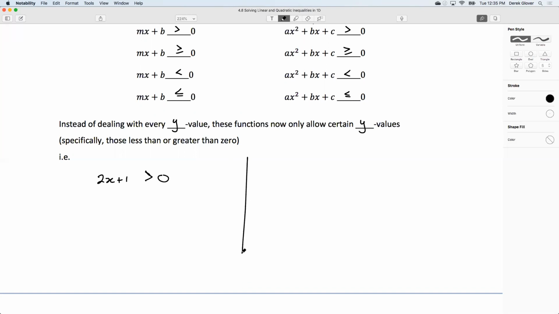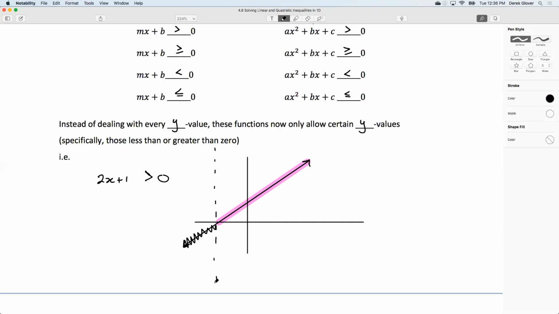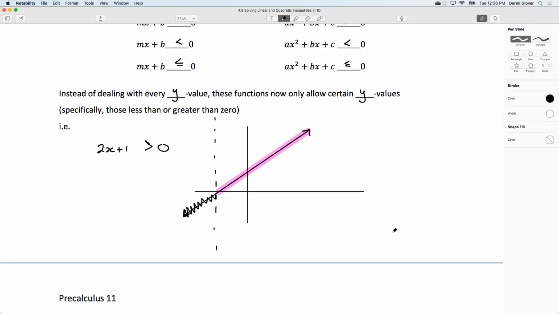We're going to get a graph. It'll look something like this. And what we're interested in are all the points above 0. We're interested in this part of our function. The bottom part we don't really care about because it's less than 0, so we can almost cross that off. We want to know what x values are there from this point onwards. That's essentially what we're going to be doing here.